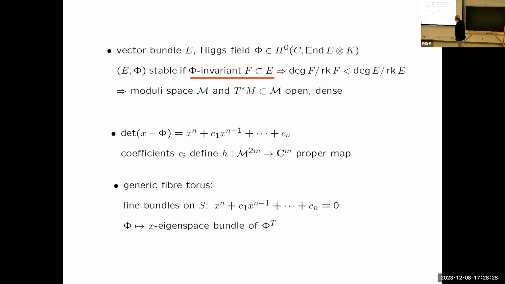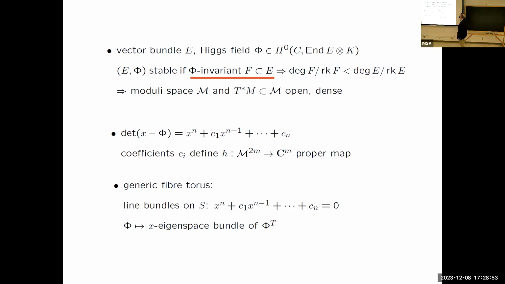And then you get a non-compact moduli space, which certainly includes the cotangent bundle of M itself, because if the bundle itself is stable, then any Higgs field would be stable with it as a pair. So the whole of the cotangent space at that point is actually part of this space.